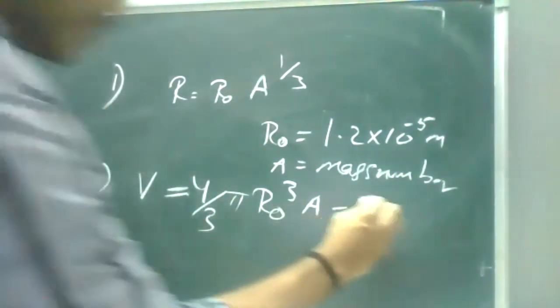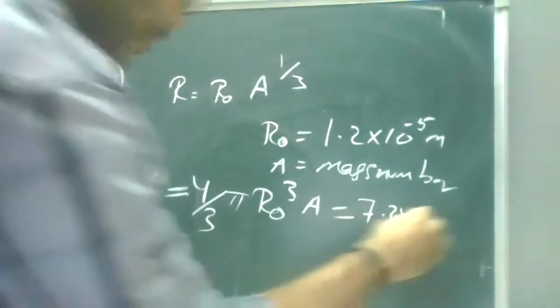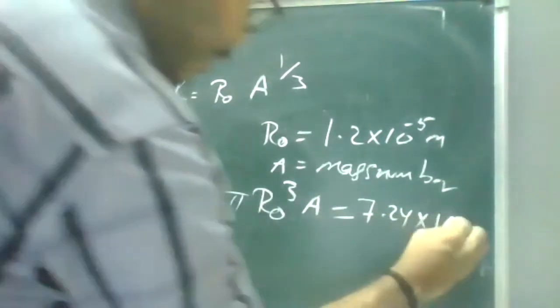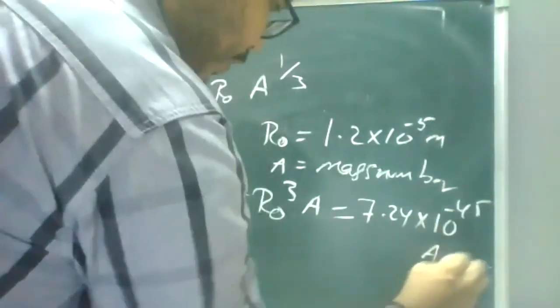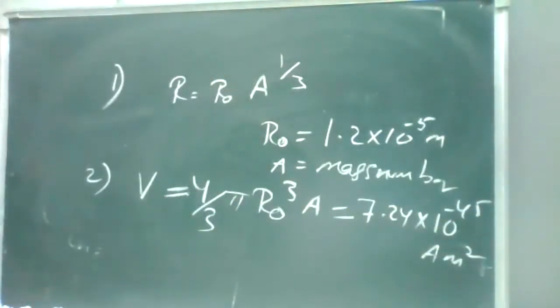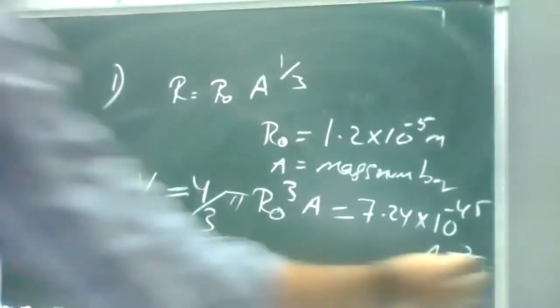So V naught is equal to 7.24 into 10 power minus 45 A, the unit is meter cube for volume.